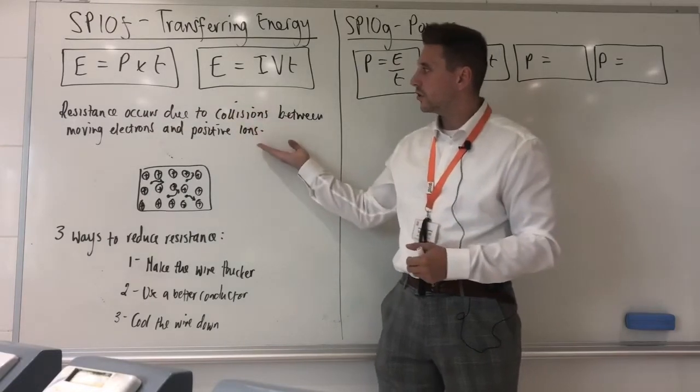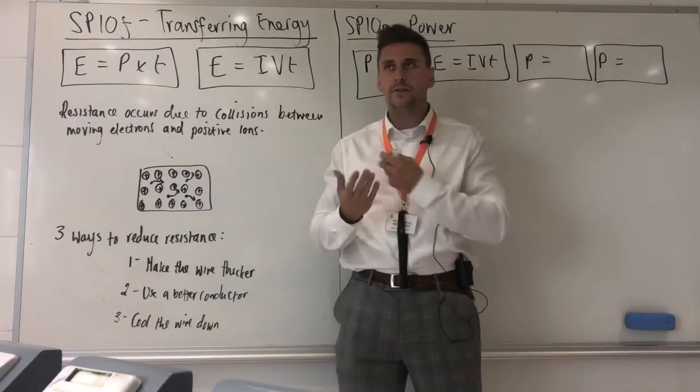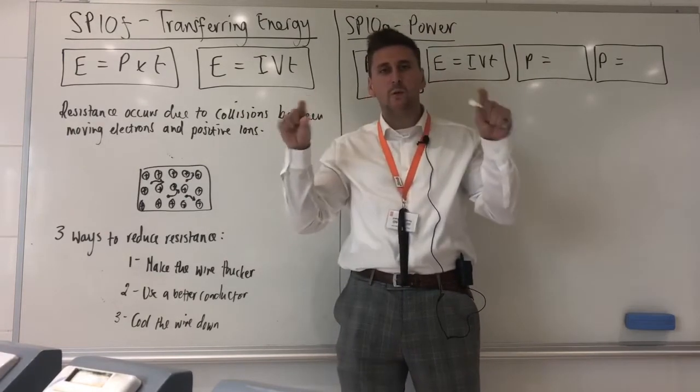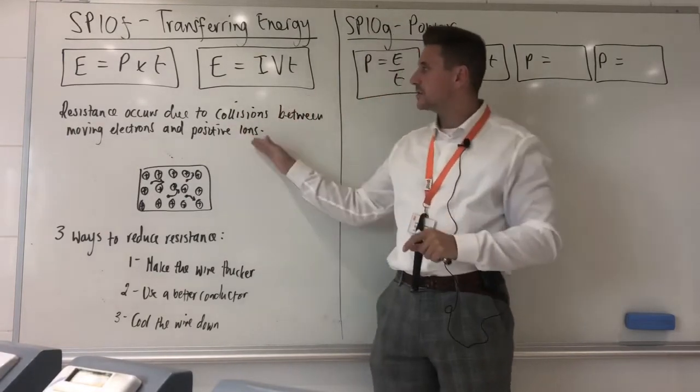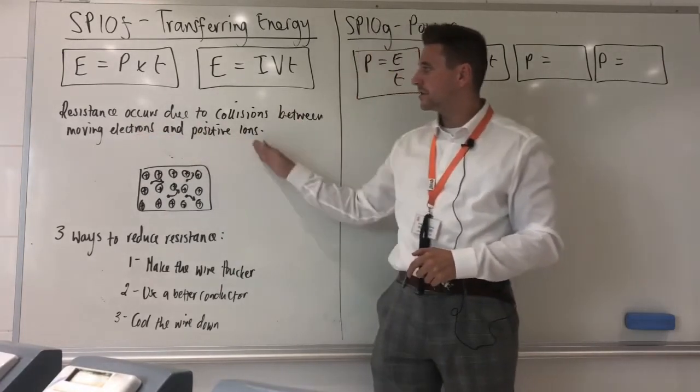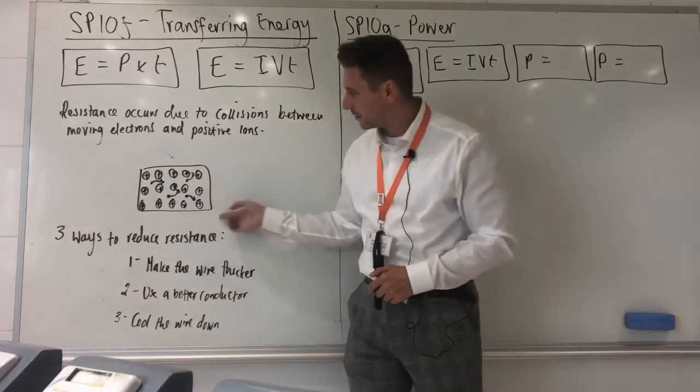So resistance occurs, we know that it's the slowing down of current by a component, but now we're talking about the resistance in the wires themselves. So the resistance occurs due to collisions between moving electrons and positive ions. If you have a look at this diagram, you've got a lattice.